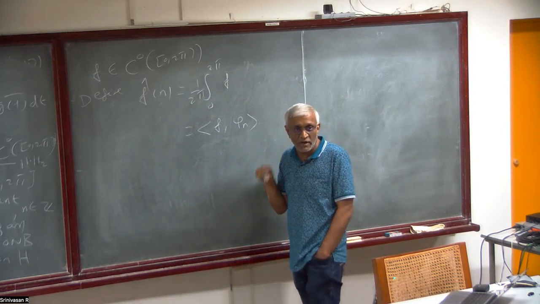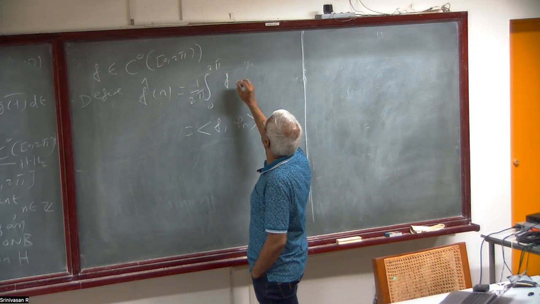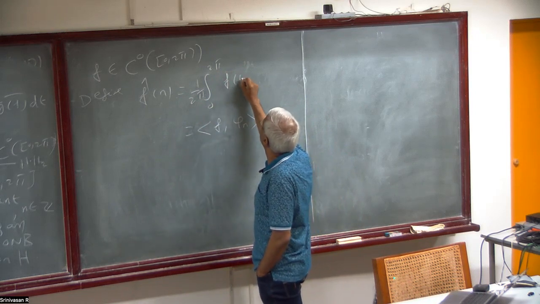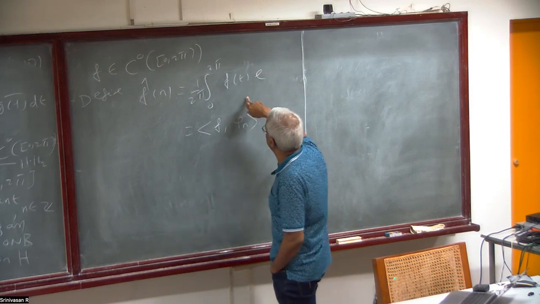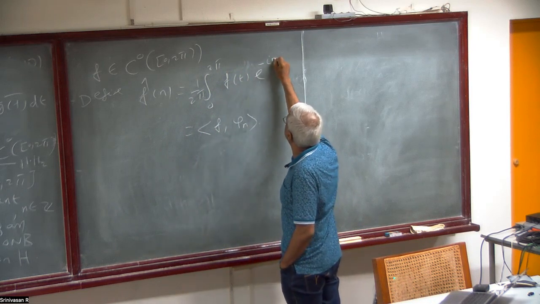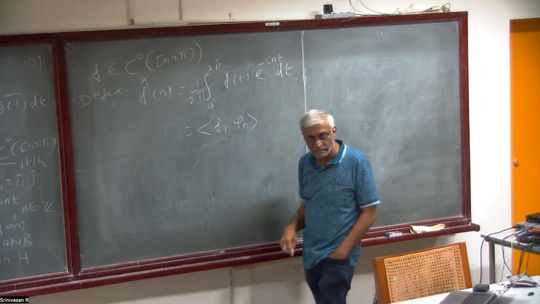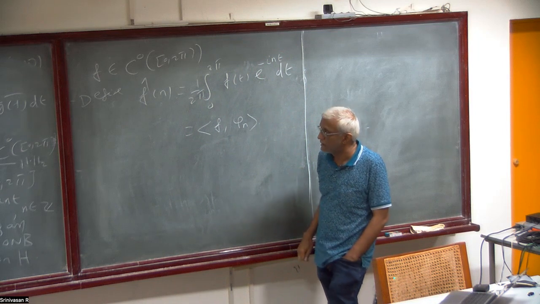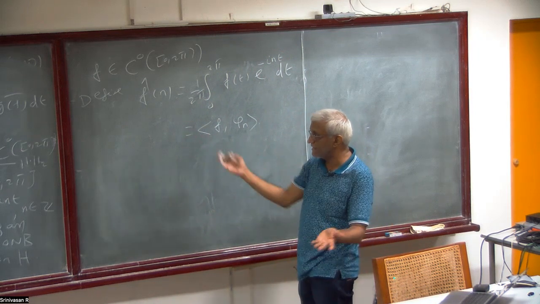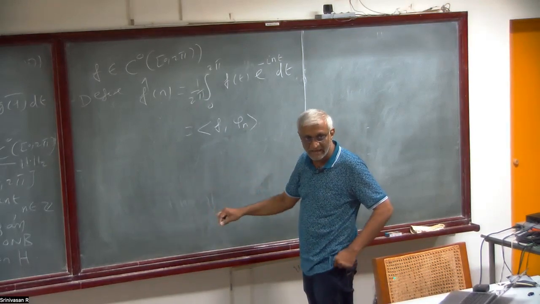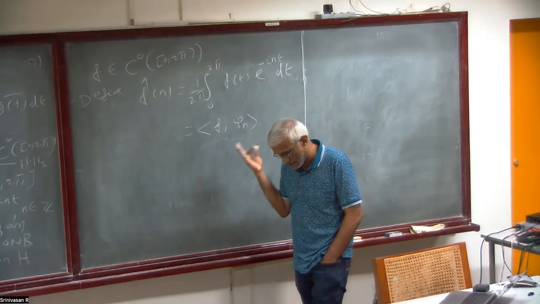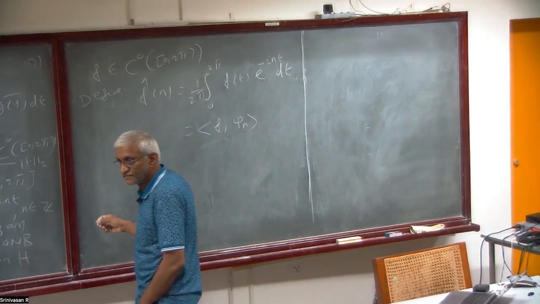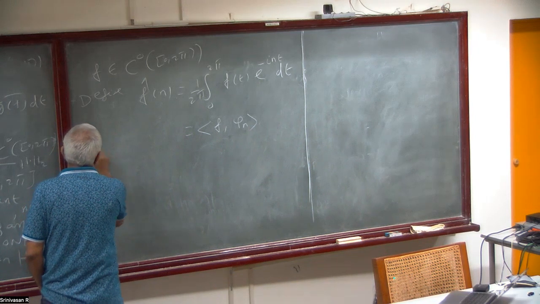It's just the inner product between them, which is just a number: f(t) e^{−int} dt. So we have everything proved in the Hilbert space. I will state that. Actually, this is not what the study of Fourier series is, but we get some weaker statement. Okay, so let me state the theorem.